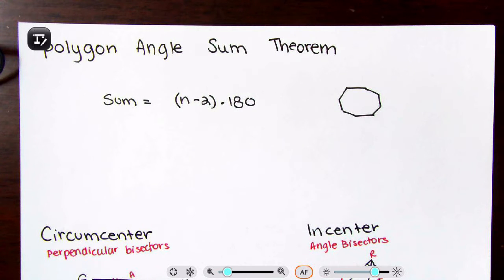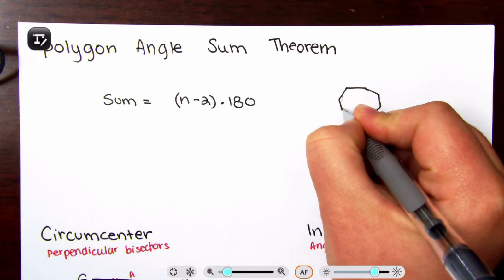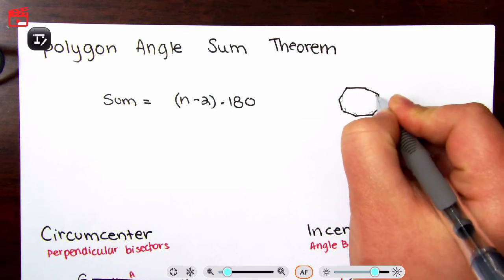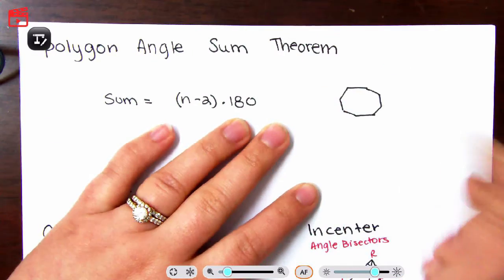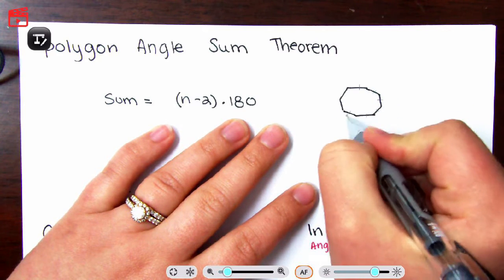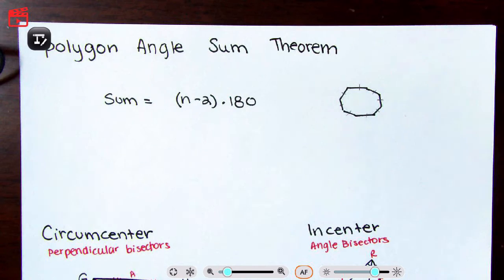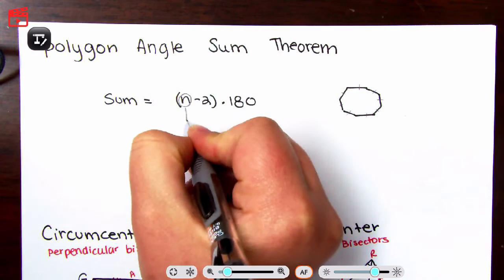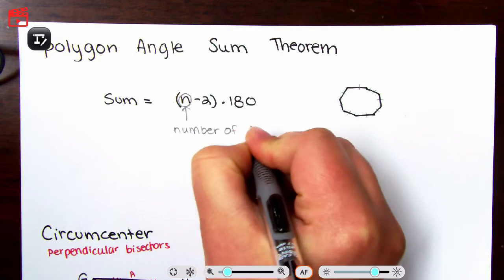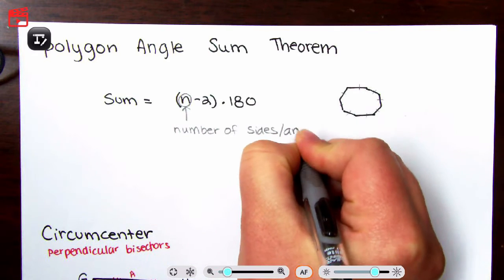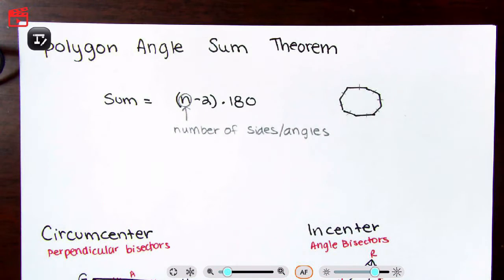In order to find the sum of the interior angles, for example, if you have 8 sides and 8 angles, 1, 2, 3, 4, 5, 6, 7, 8, you're going to plug in the number of sides or angles, whichever one you prefer, just not both at the same time, into the formula and then solve.